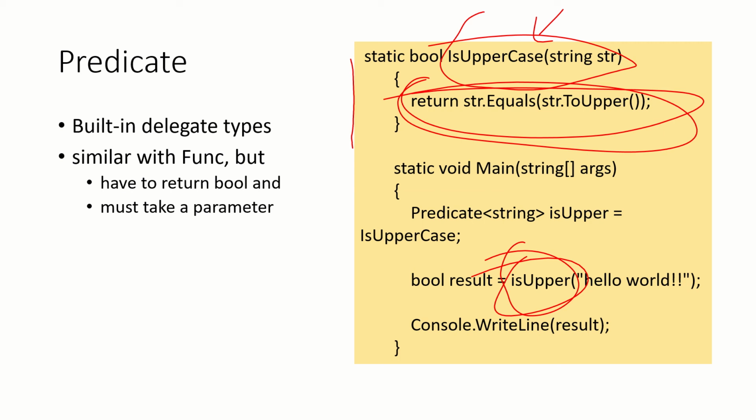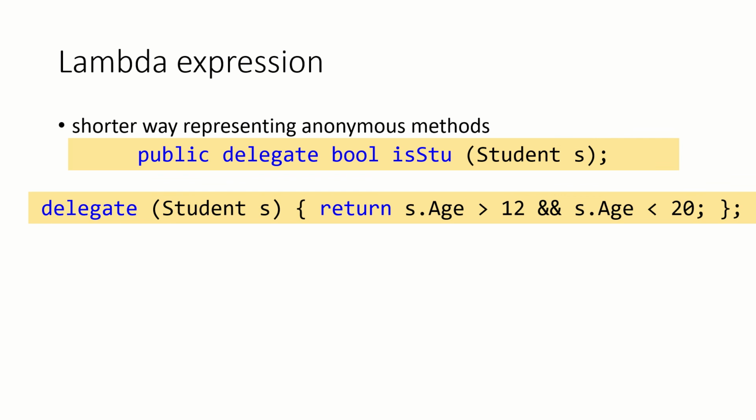Then is the concept we called lambda expression. So basically, it is the shorter way of representing an anonymous method. Since we know anonymous method is delegation in C#, right? So let's take a look at this example.